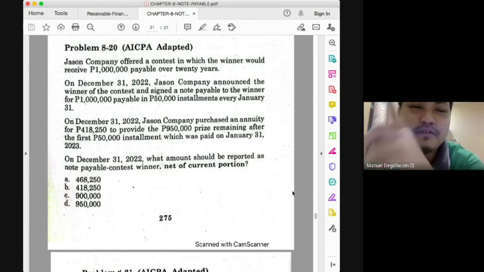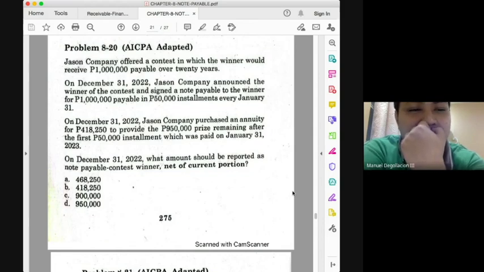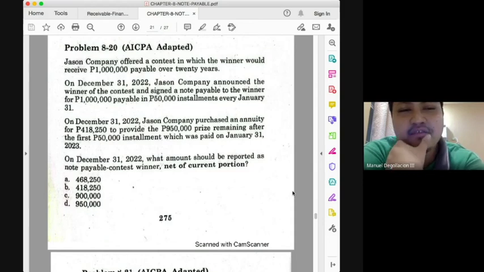Okay, so definitely the 50,000 there would be considered as a current liability, and then the non-current portion will be 950,000.